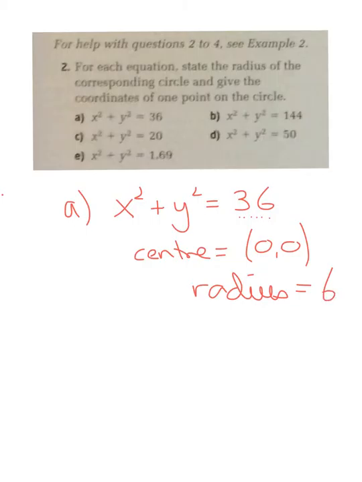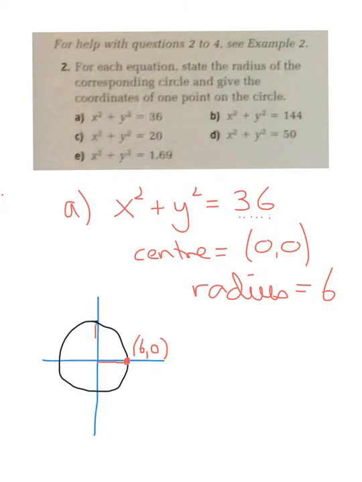So if we draw this circle out, we know it's got center 0, 0. So we just do any old circle. Now the great thing is we know the radius is 6. So we know that this distance here must be 6. Therefore that point there must be 6, 0.